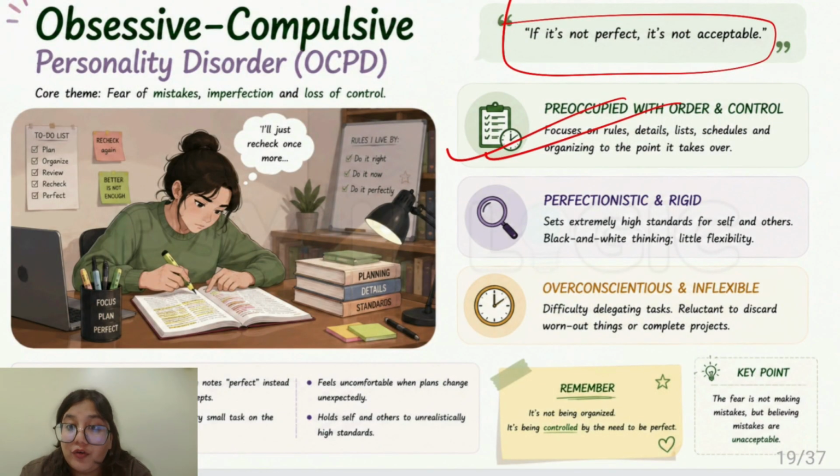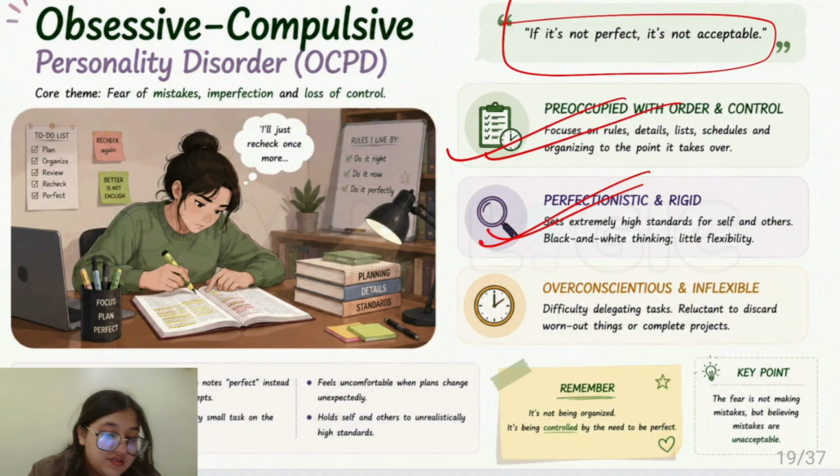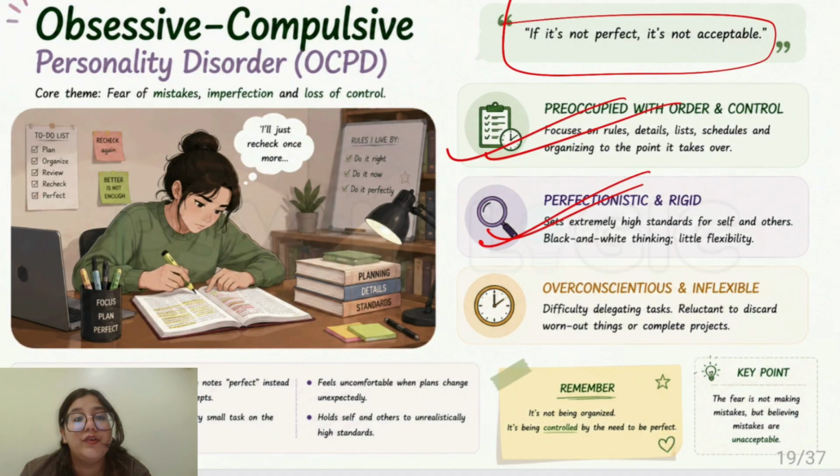Okay, like they'll be focused on preparing the timetable so perfectly that they'll actually forget studying. So perfectionism interferes with task completion, right? Perfectionism becomes so rigid that it becomes very hard for them to adjust, and they may show excessive devotion to work and productivity, often at the expense of their free time and their relationships.